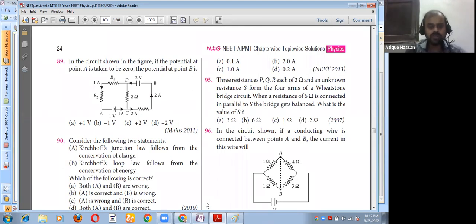Now solve this question number 89. Here we have to apply both the laws.